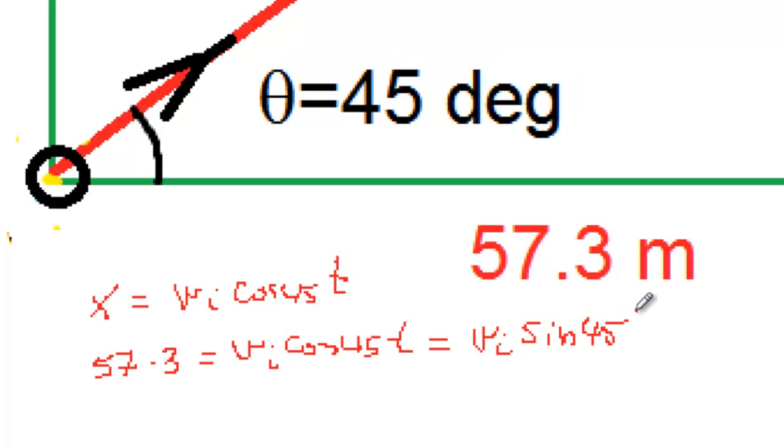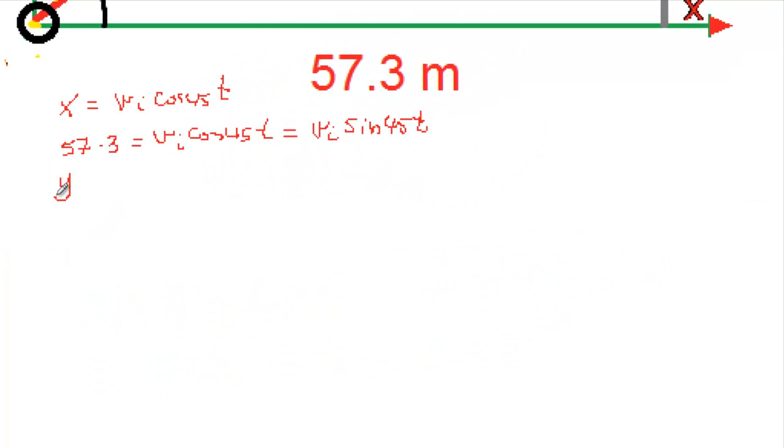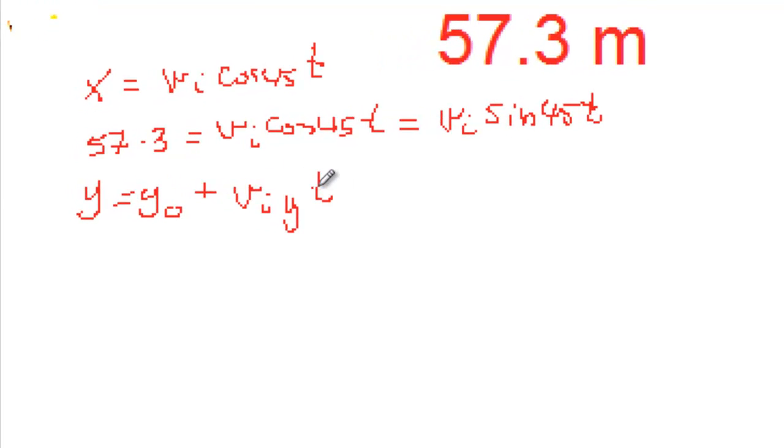initial velocity sine 45 degrees times time. Y equals initial distance in y plus initial velocity in the y direction times time minus 1/2 gravity acceleration times t squared. This term is 0. Y equals 3.